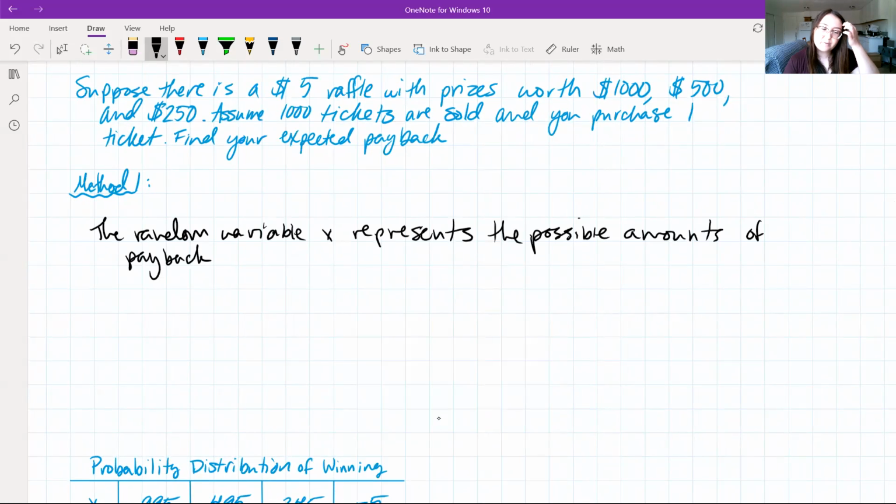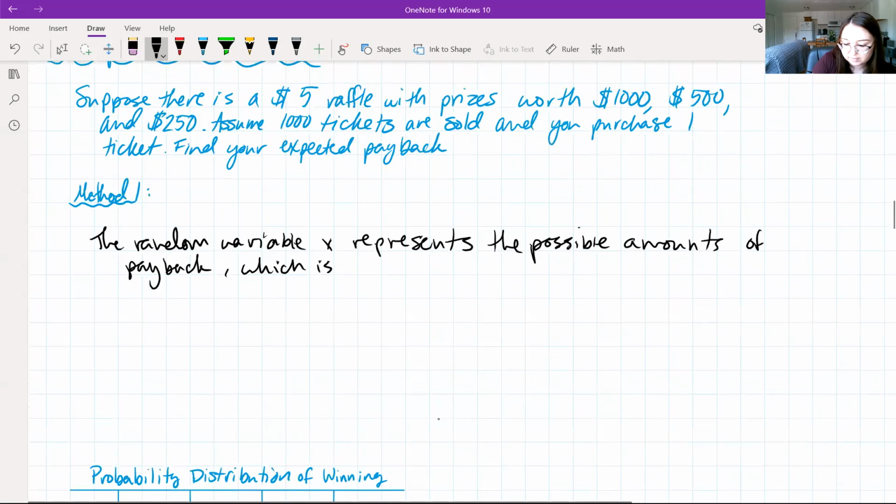And we say this because if we spend $5 and we happen to win, let's say, the $250 prize, then our payback is $245 because we spent $5 to enter the raffle. So our payback would be $245.